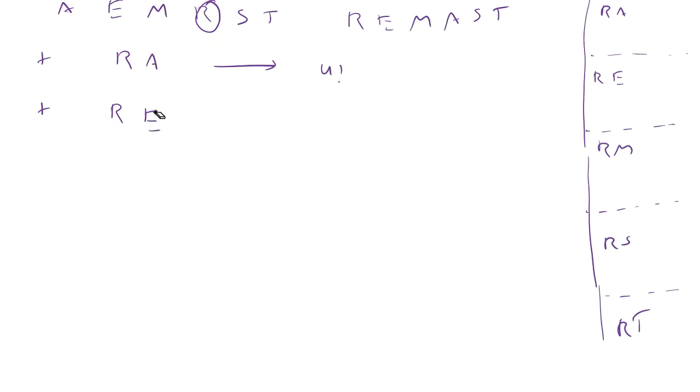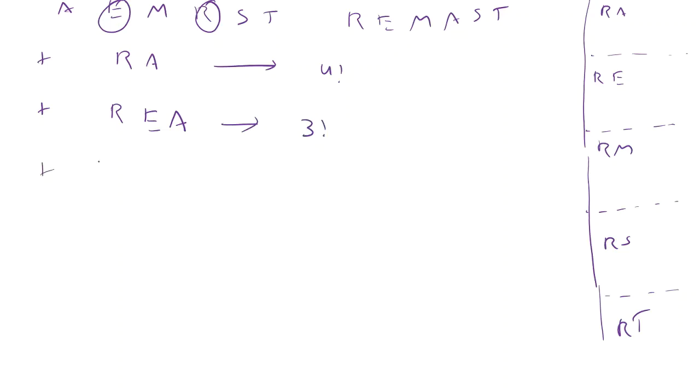So we have to further divide this division. After RE, the next letter is going to be A. So I have to count all those words that begin with REA. All the words that begin with REA is going to be 3 factorial.